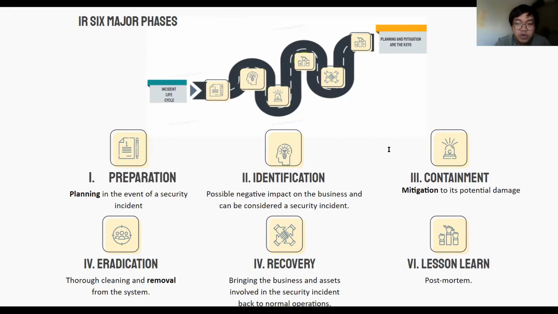Then to be followed with, of course, containment. We already know here that the breach has been done, so what we need to do is mitigate its potential damage. In this phase, this is where we update the patch of the system and review remote access protocols such as multi-factor authentication.